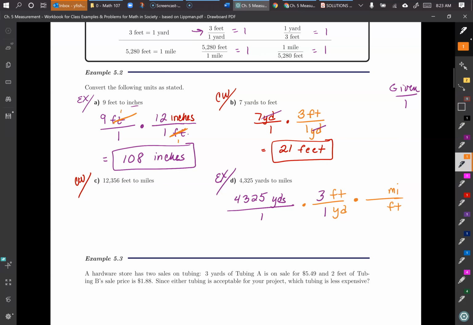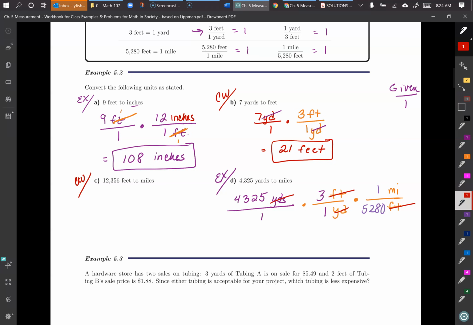So now we know we have 1 mile to 5,280 feet. Okay, so now I go through and cross out my units here just to make sure that I did that all correctly.